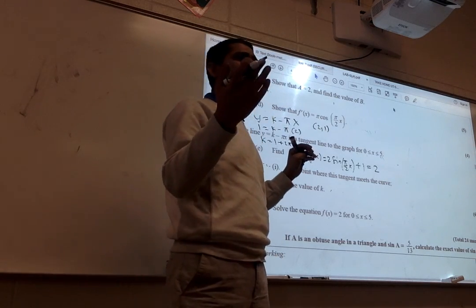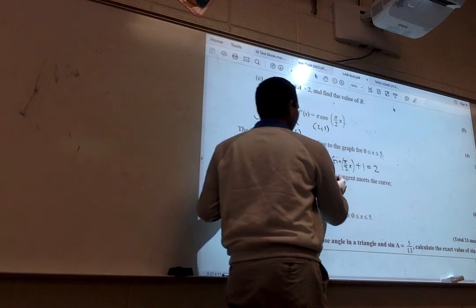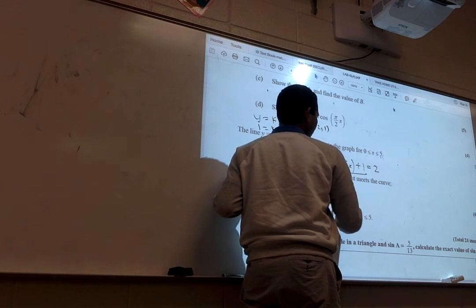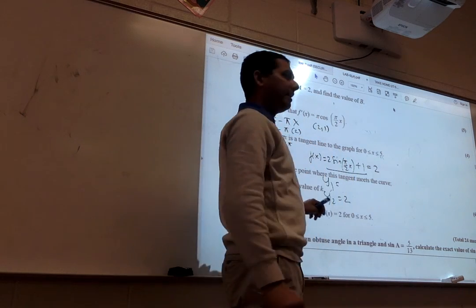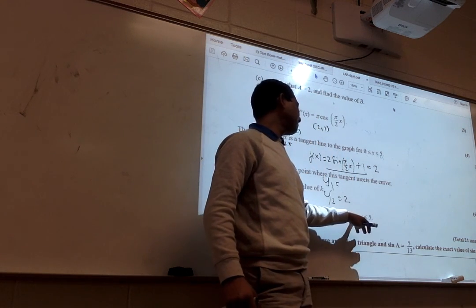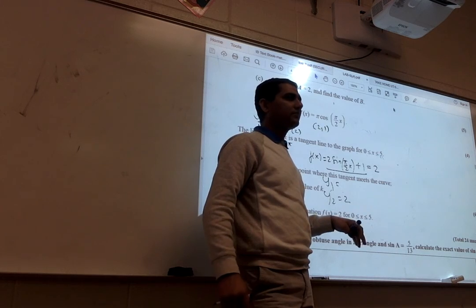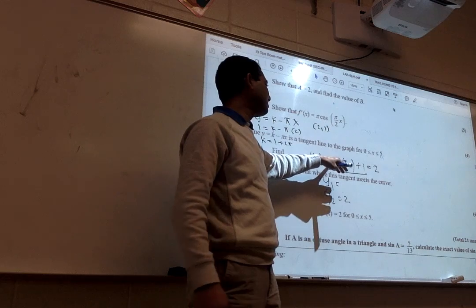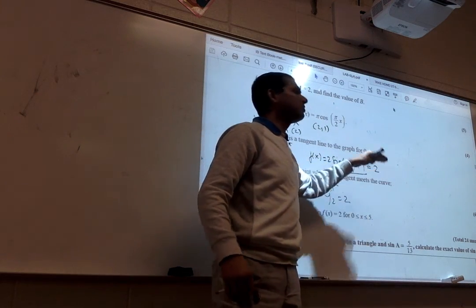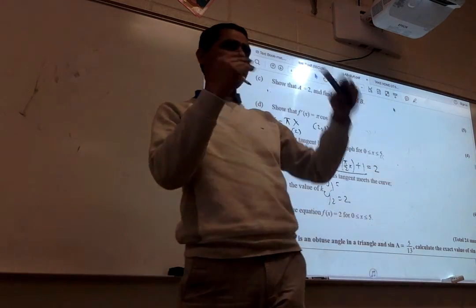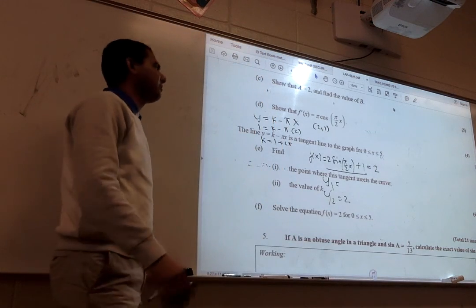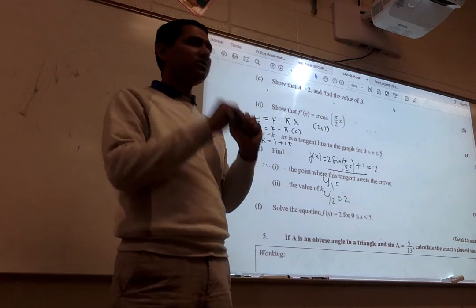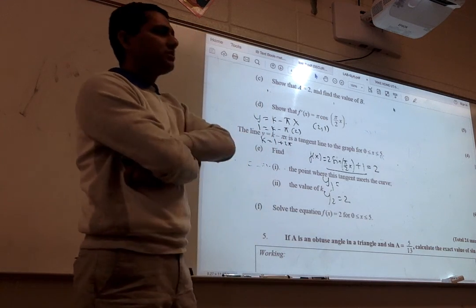You use your calculator, plug in y1 is equal to this function and y2 is equal to 2, and keep your window from x minimum 0 to 5, and y values, since your amplitude is 2 and plus 1, maybe keep it from negative 4 to 4. And see the points of intersection within those limits.